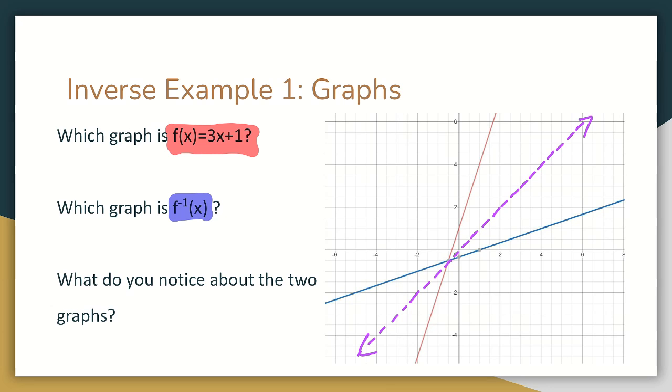So this is the line y equals x. And the original equation, if we reflected it across that line, we would get its inverse. So they are reflections.